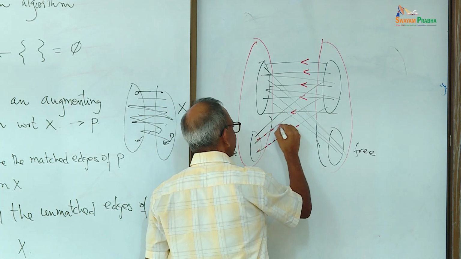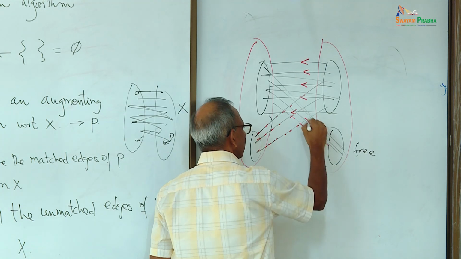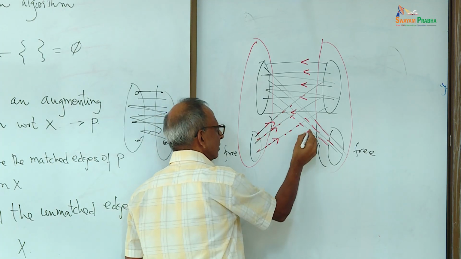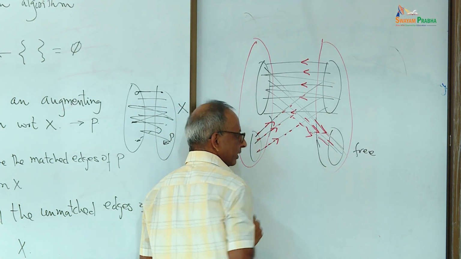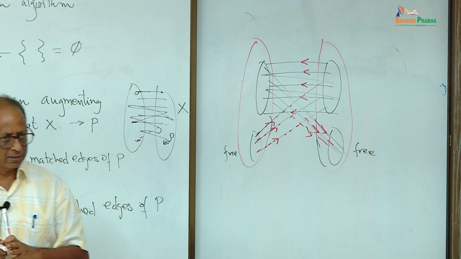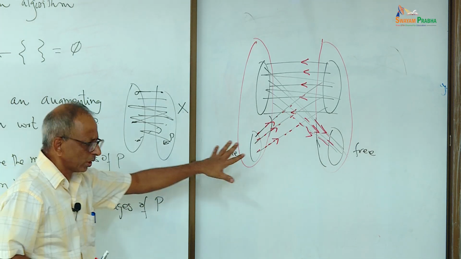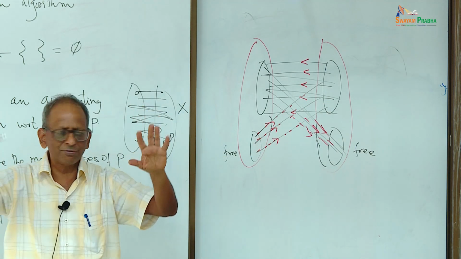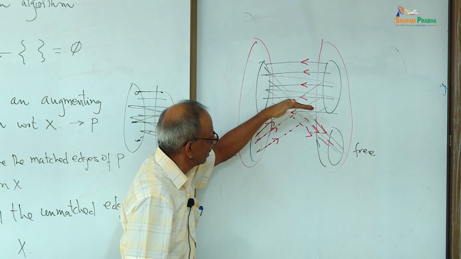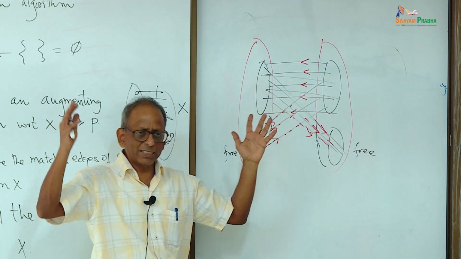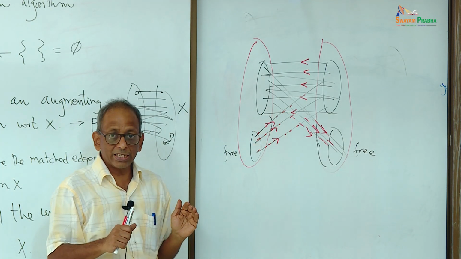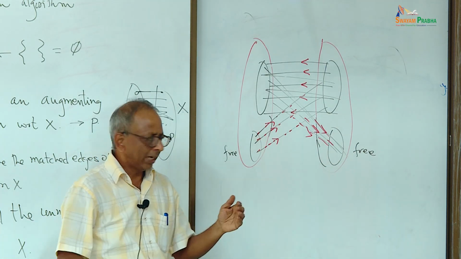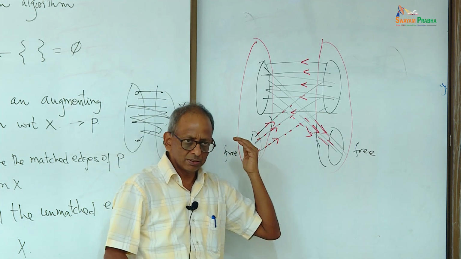Is that clear? It's totally abstract. Don't pay much attention to the actual edges I have drawn. It is some messy graph in which I have found a matching, and then there are some unmatched edges. All unmatched edges I have directed from left to right, and all matched edges from right to left.